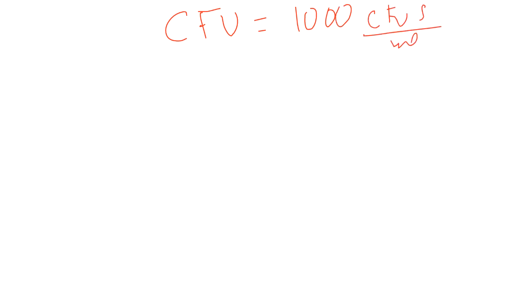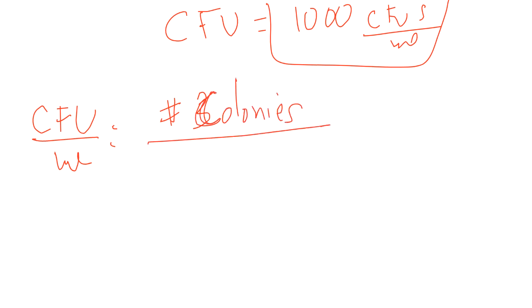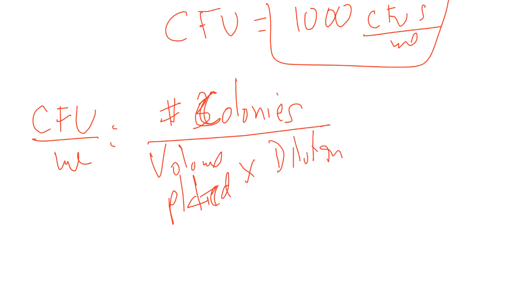Okay? Now, in the patient, you have 32 colonies. So you want to calculate CFUs per mil, which is number of colonies over volume plated times dilution of the dilution tube.